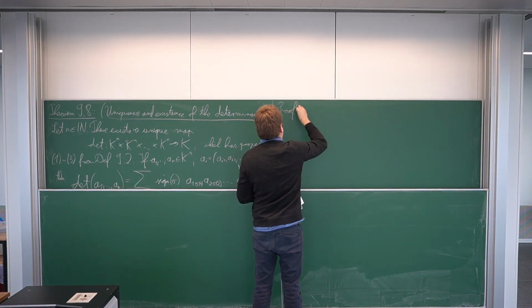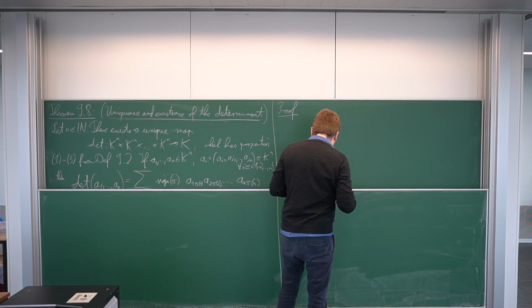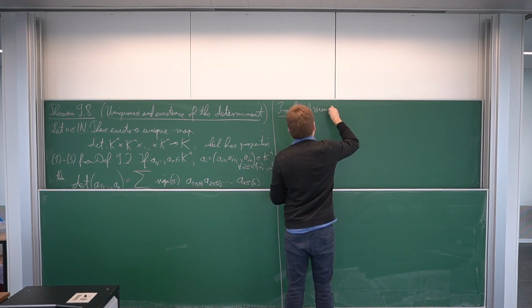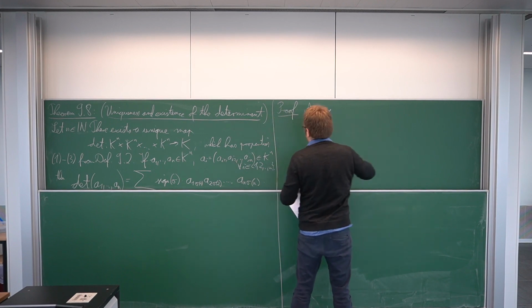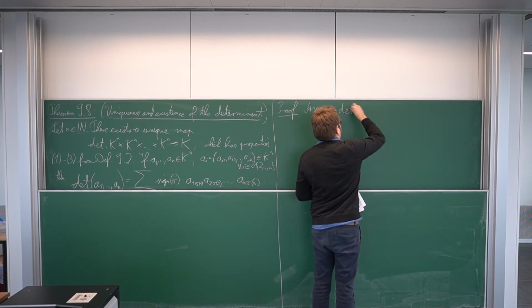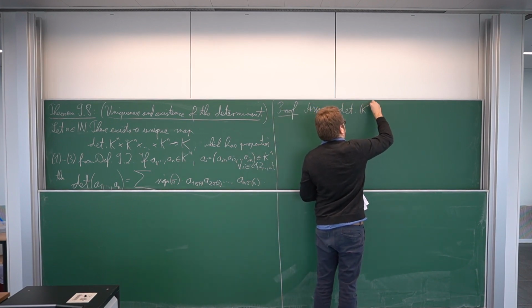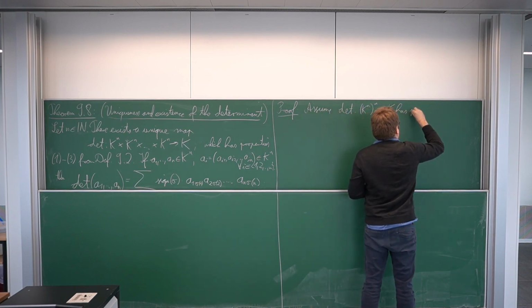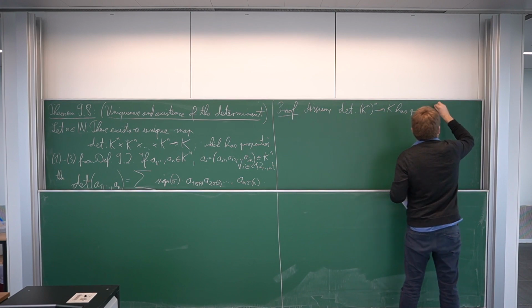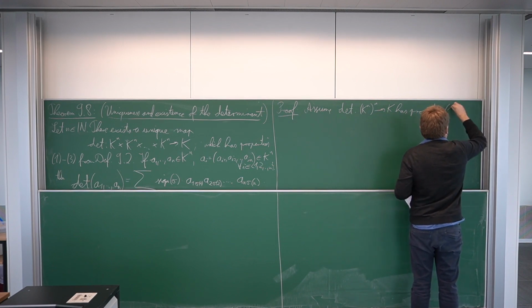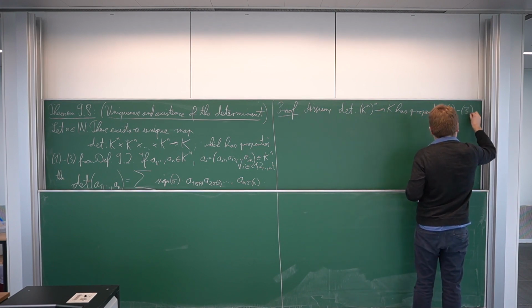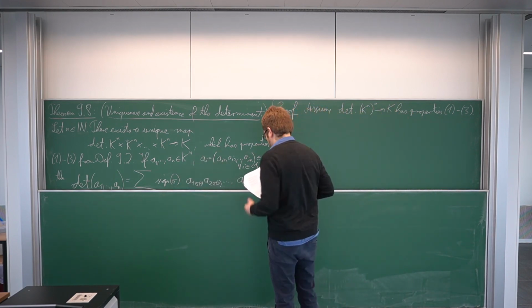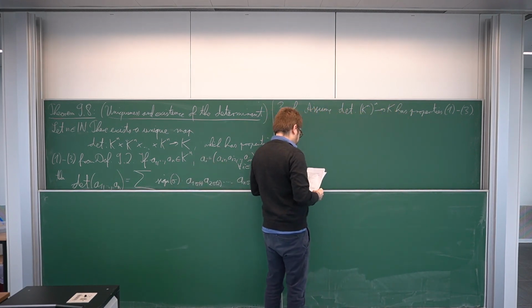So first of all, assume we have a determinant function. So assume some function, not necessarily defined like this, but just some function from K^n to the power of n to K that has properties 1, 2, and 3. Now I want to show that it necessarily satisfies this formula. How do I do this?